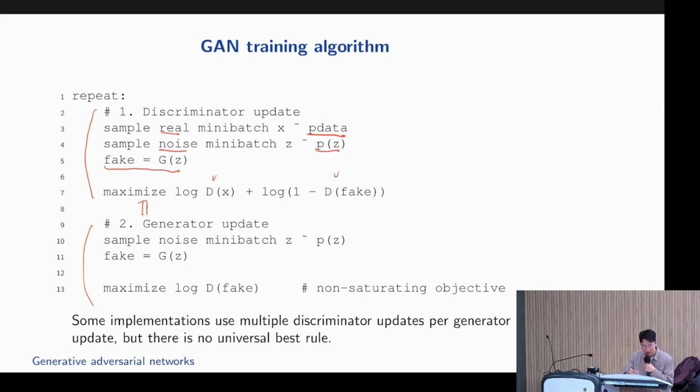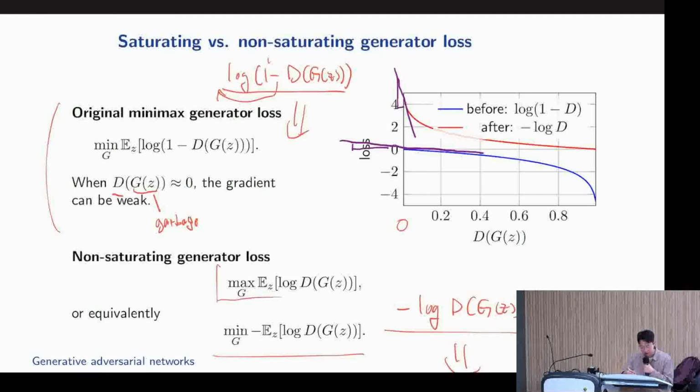So this means gradient ascent on D parameters for k steps. Then for the generator update, you only need to worry about the first term. You just need to sample a mini-batch of random noise, create some fake data, and work with this.